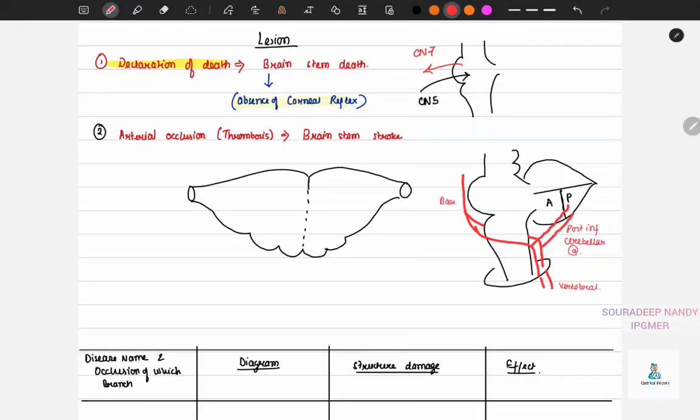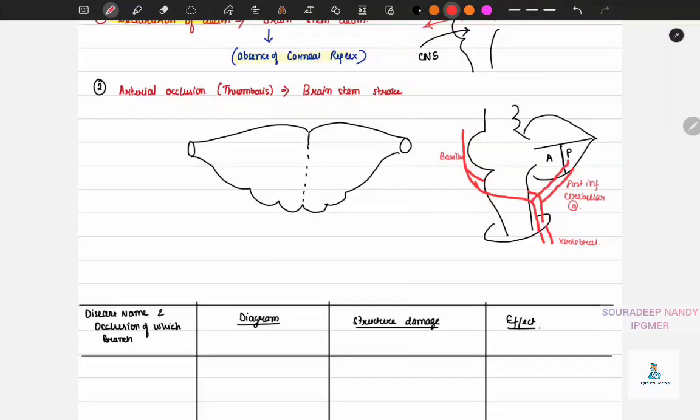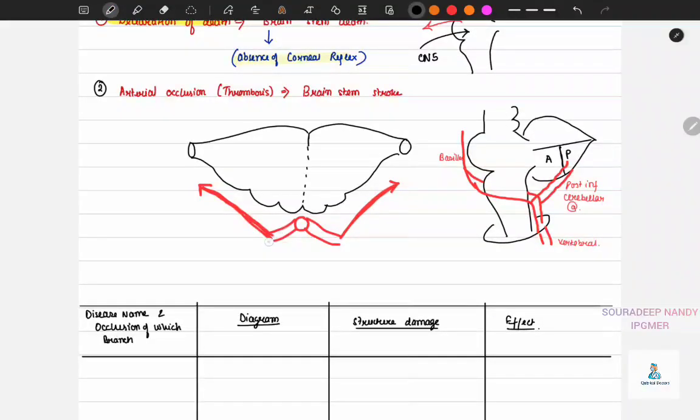Here at the open medulla we have the basilar artery, formed by the joining of the two vertebral arteries. These branches supply the open medulla.